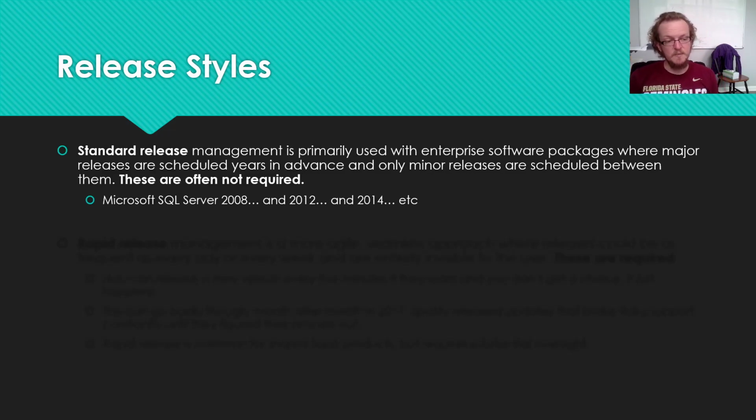So this standard release model is usually used for enterprise level software, something like SQL Server, something like Microsoft Exchange, these business to business, not necessarily business to consumer applications.